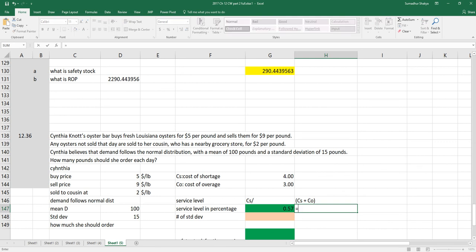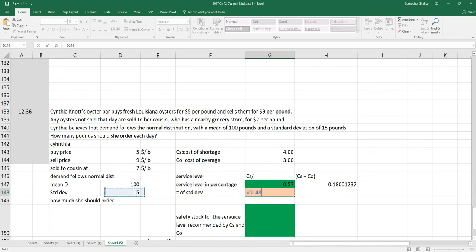So this 57% corresponds to 0.18 standard deviations from the mean of 100. So now we want to find out if one standard deviation is 15, then how much will 0.18 standard deviations be? Okay.